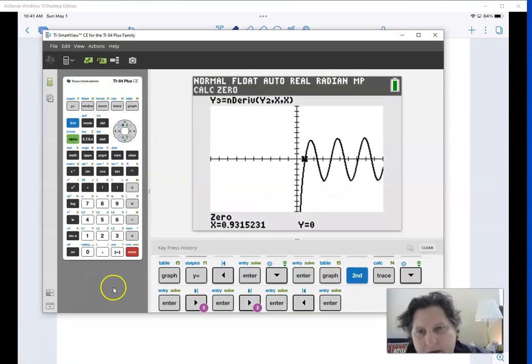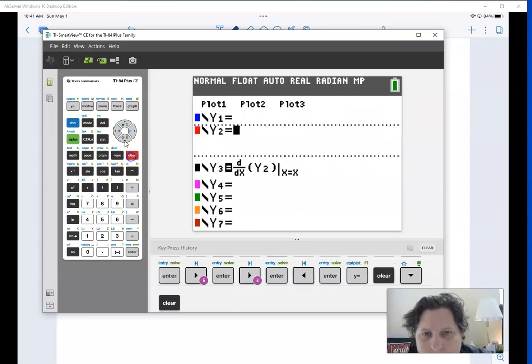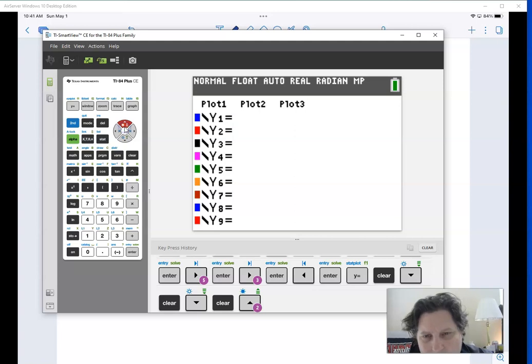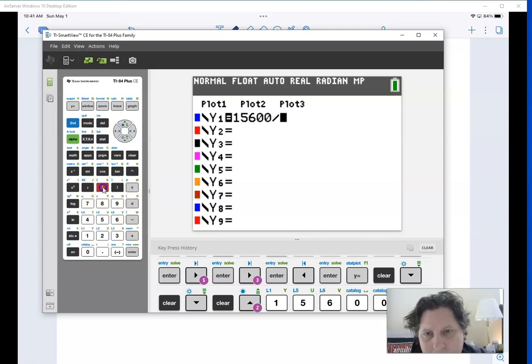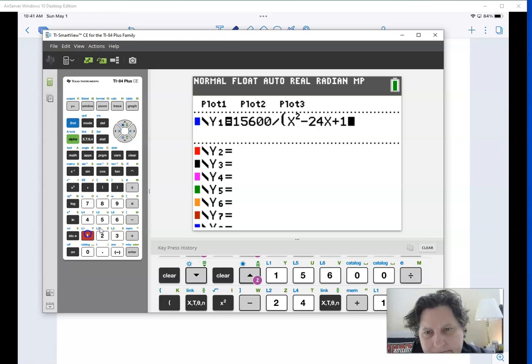Okay? And we're going to go into y equals. I'll go ahead and put the entering equation up here, divided by x squared minus 24x plus 160.